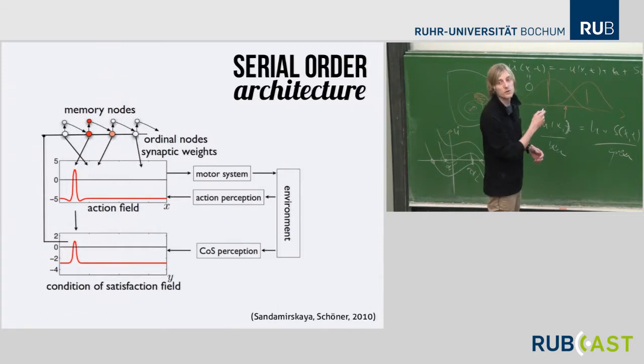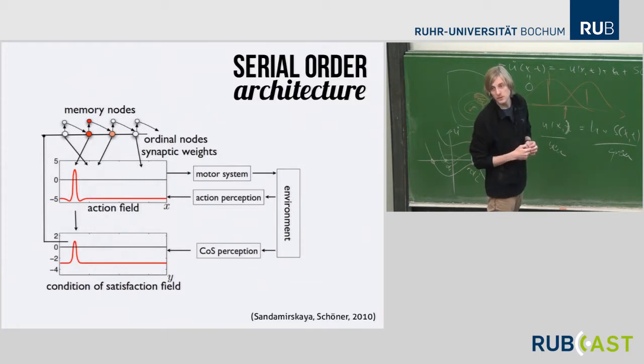It starts with the first node, and in this learning phase, it's just looking for colored objects. As soon as the object gets large enough in the camera, it moves on to the next and memorizes this as the first color. So it starts here, and then let's say you show it a red one. It learns the connections between this node and this action field. And as soon as the object is large enough, you get a peak here. It moves on to the next one.